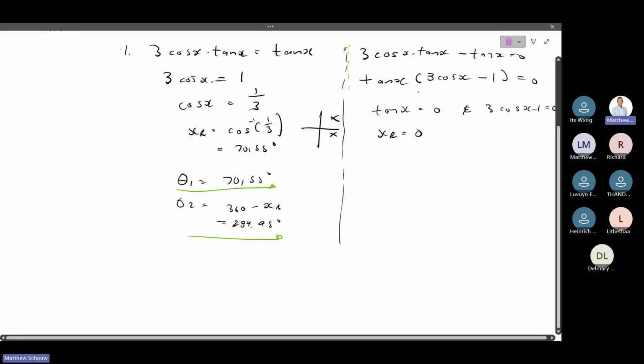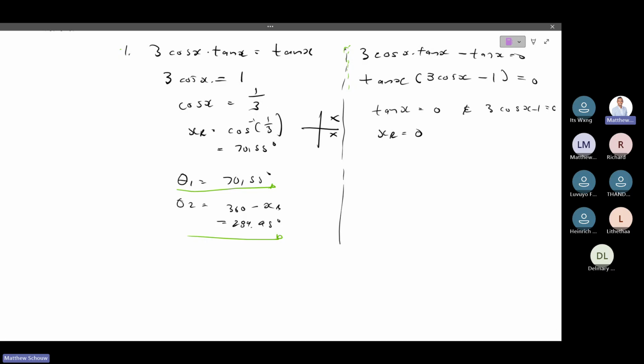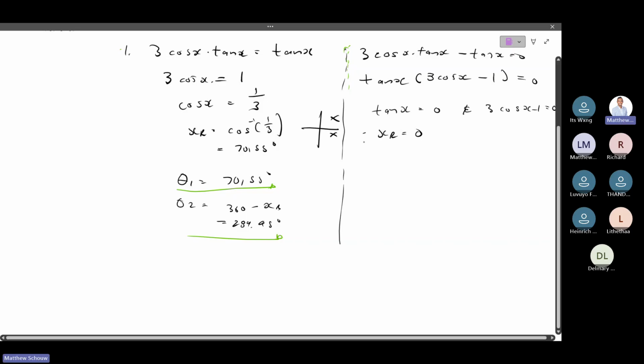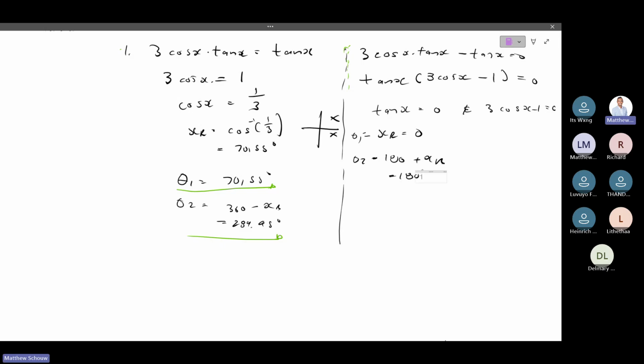Because it's 0, or positive, the other one is going to be 180 plus the reference angle. So θ1 is the reference angle, and θ2 is 180 plus the reference angle, which is essentially 180 degrees as well. That's quite interesting.